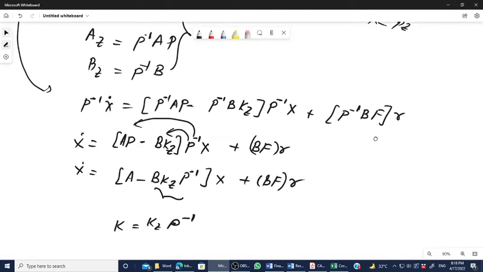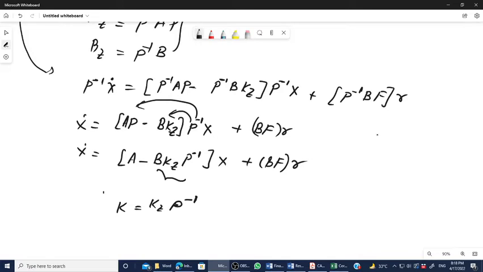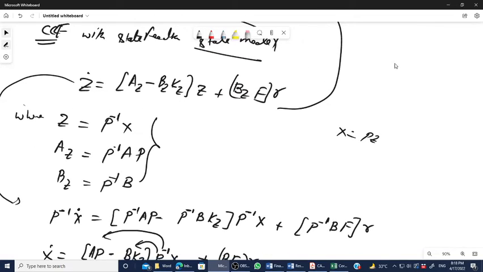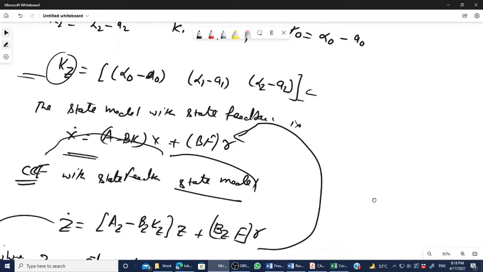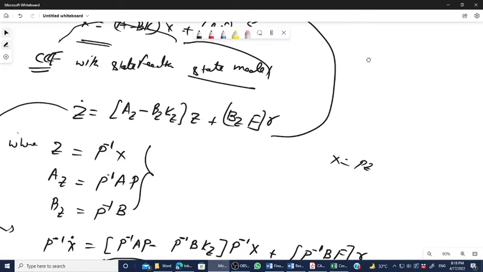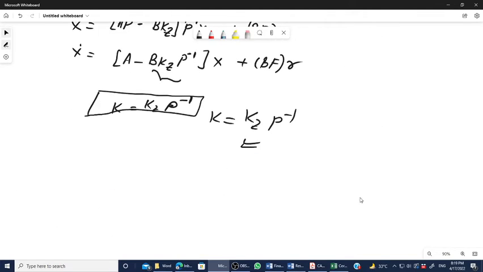So once you calculate Kz, you can find out the value of K. K is simply Kz into P inverse. By finding the value of Kz, you can find Kz like this one: minus alpha naught a naught, minus alpha 1 a1, alpha 2 a2. I'm taking one example so that you can understand it better.